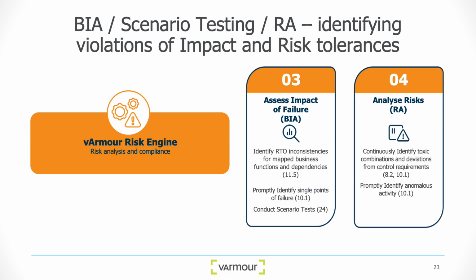The requirements for this are again detailed within the draft articles for DORA, which include the requirement to conduct scenario testing, to identify RTO inconsistencies across dependencies, and to identify areas where risk tolerances are exceeded. So what we'll do now is show how the rules engine within the Decision Intelligence platform allows you to code the policies required to identify as soon as your risk and impact tolerances are violated.